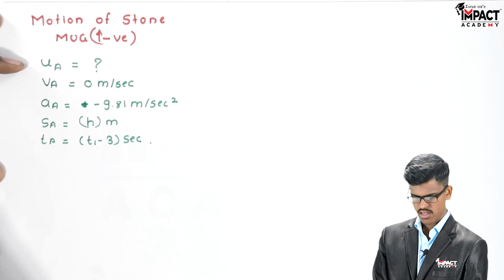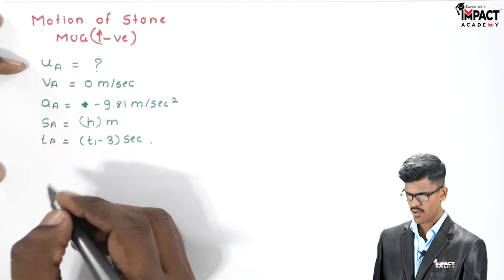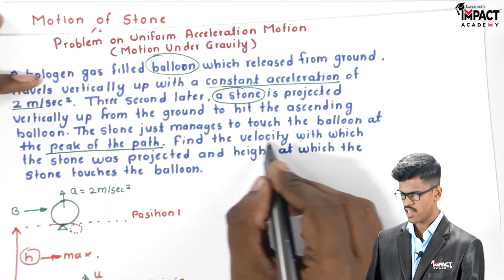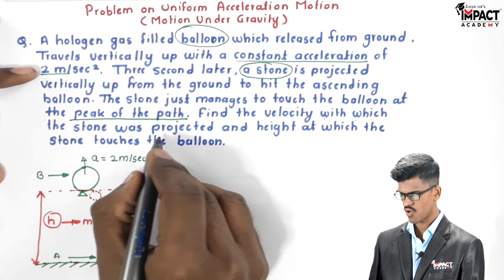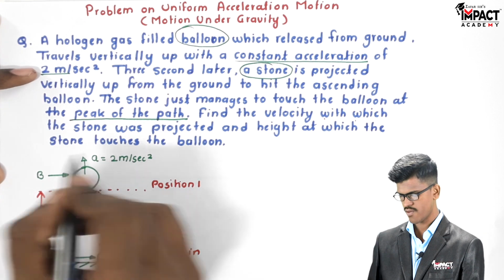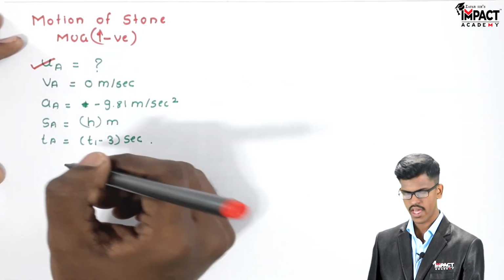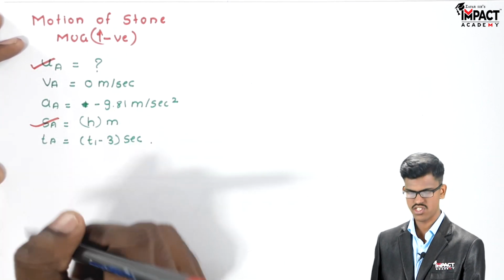So we have to calculate the velocity with which the stone was projected and the height at which the stone touches the balloon. So we have to calculate UA and H.